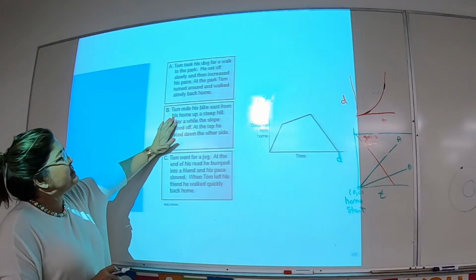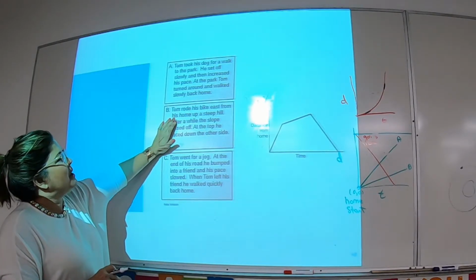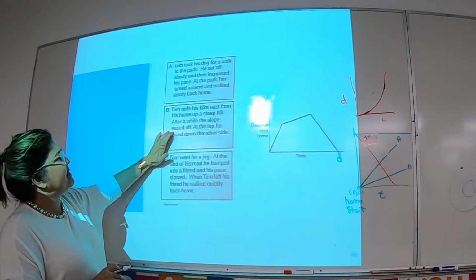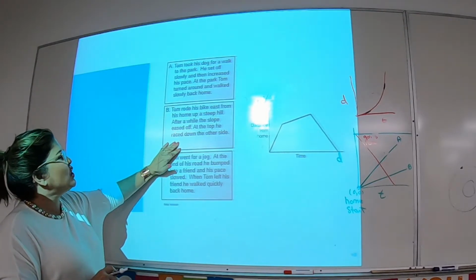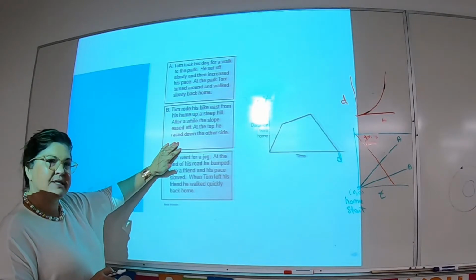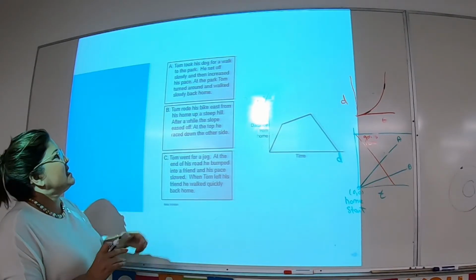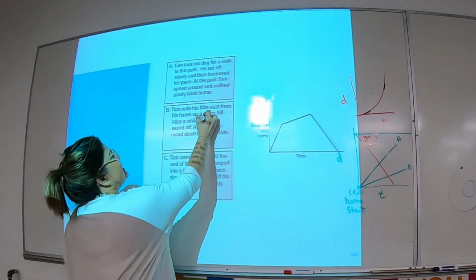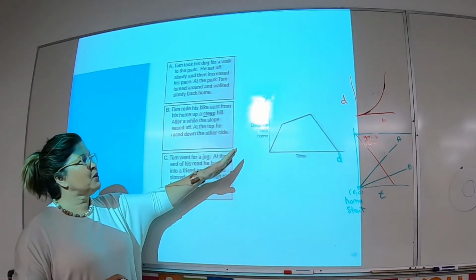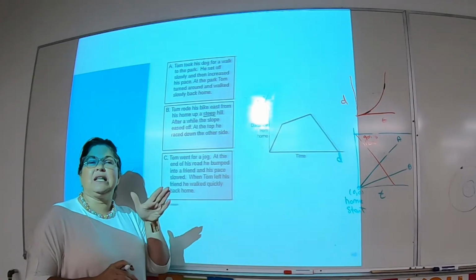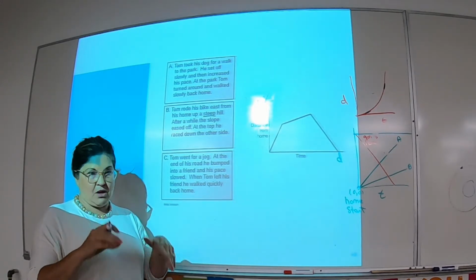B, Tom rode his bike east from his home up a steep hill. After a while, the slope eased off, and at the top, he raced down the other side. No, because he went up super fast and it was up a steep slope, so you can't go up that fast. If you're going up a steep slope, you are likely to be going slower.